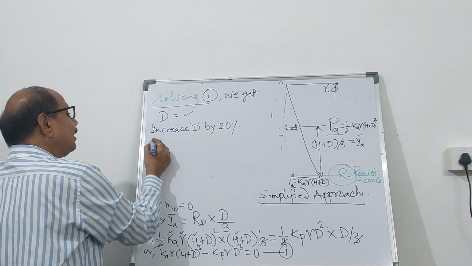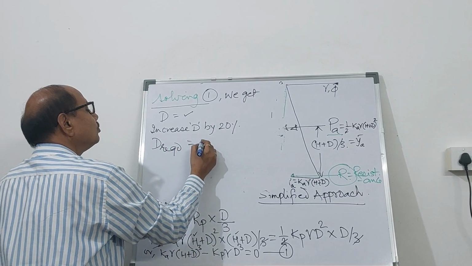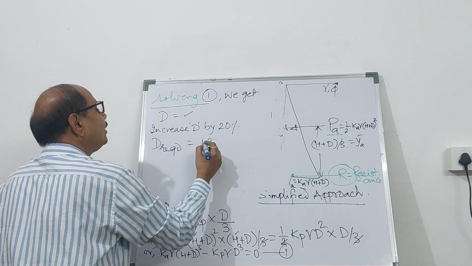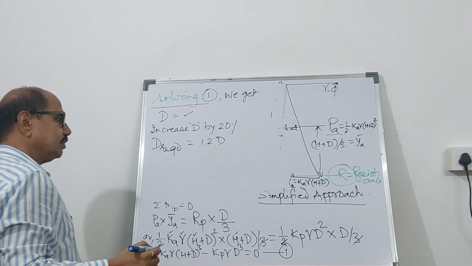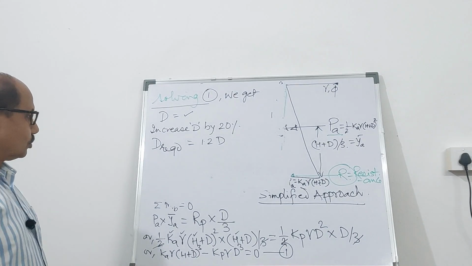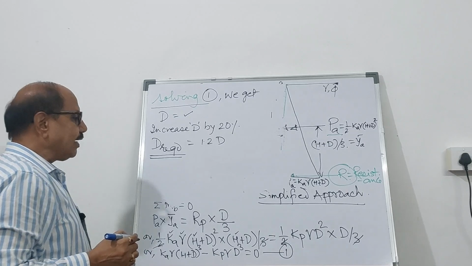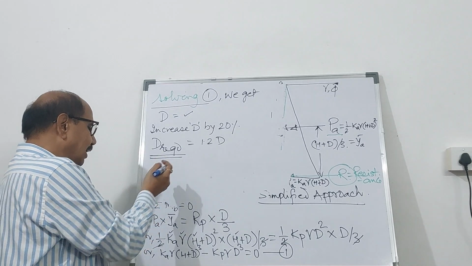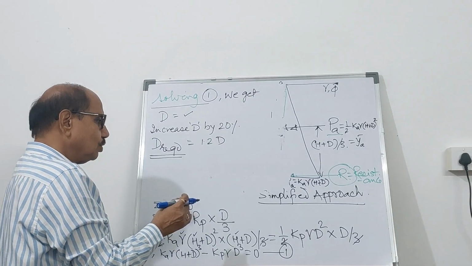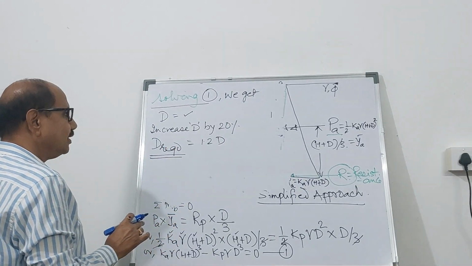So d required is going to be 1.2 times d calculated. So in the simplified approach, very quickly we know the approximate value of d.